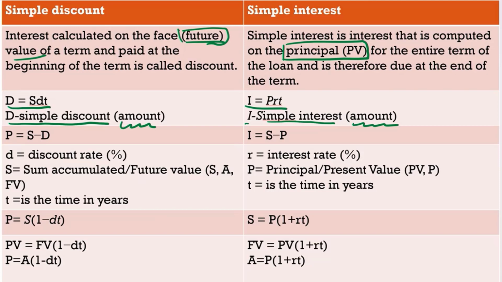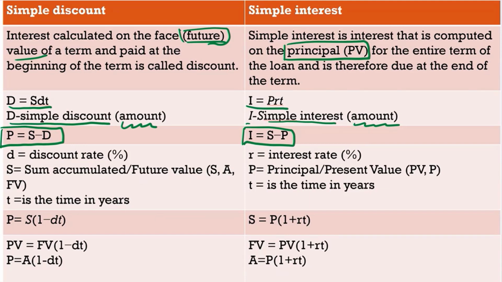When you are looking at the two, if ever you are looking for an interest, here's another formula. I've done the comparison along with the simple discount, so then you can see the difference and you don't confuse them.